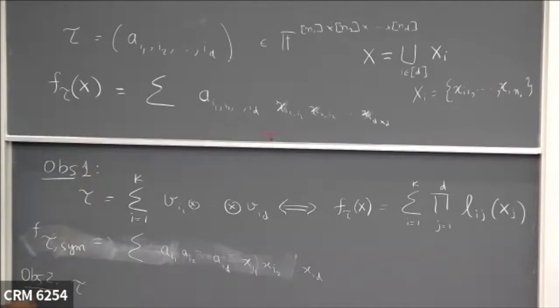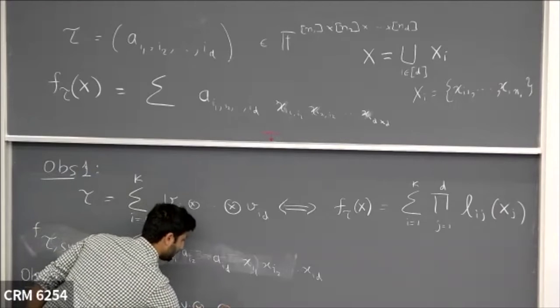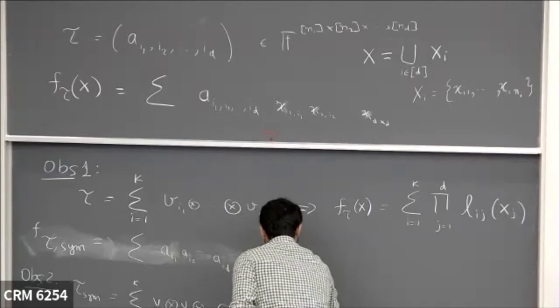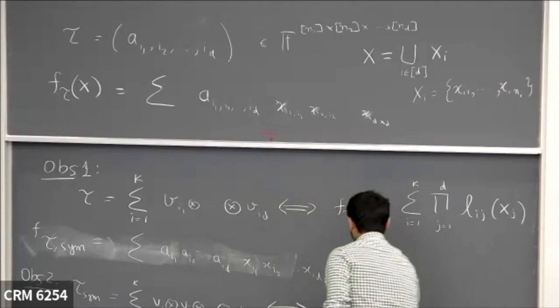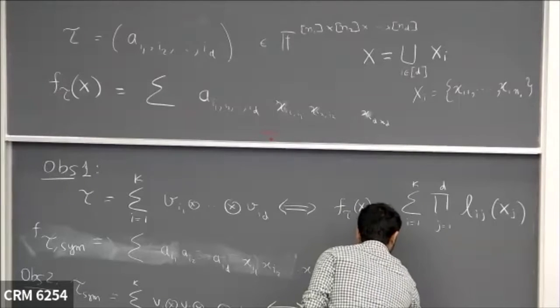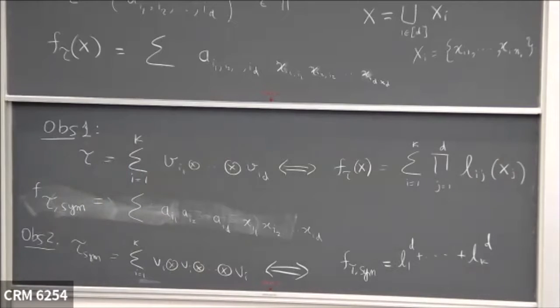Observation 2: if tau^sym can be decomposed as a sum of d-th tensor powers, this is equivalent to writing your polynomial f_tau^sym as a sum of powers of linear forms. Again, these are very standard connections.